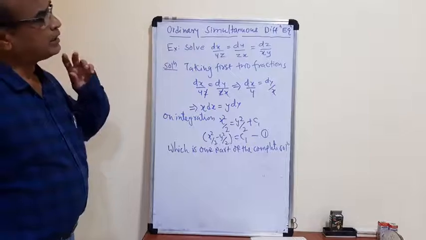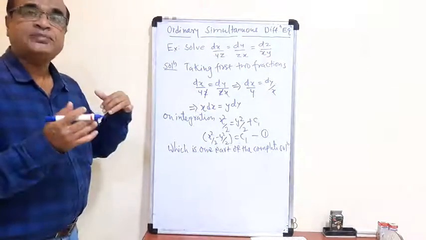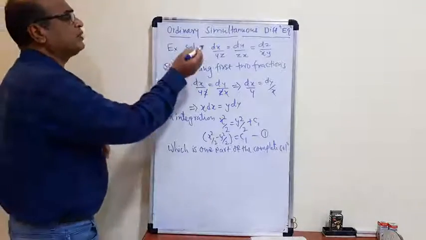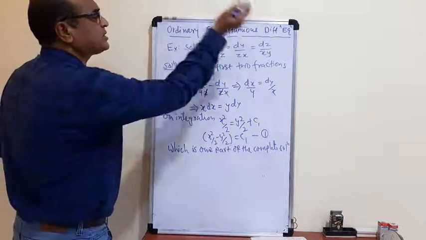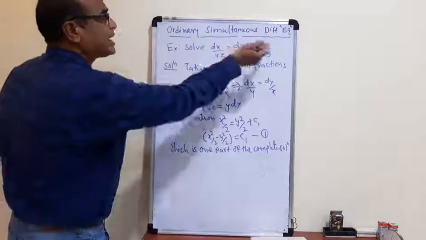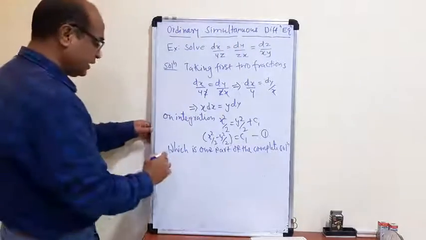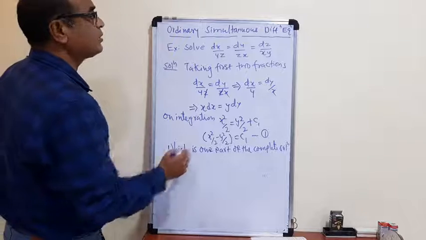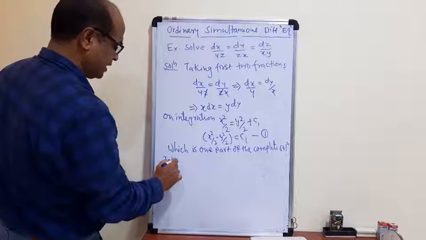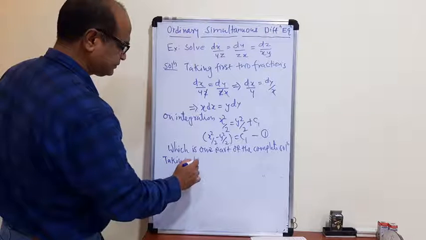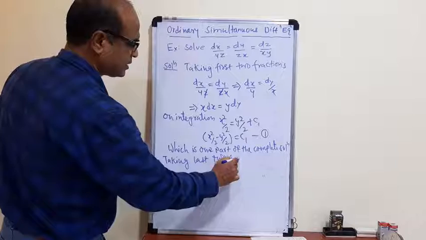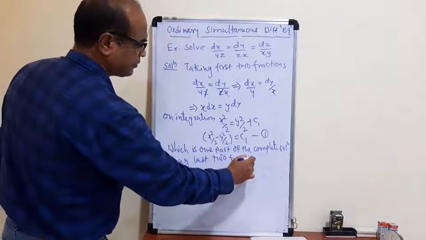So we take another two fractions and absent another variable. So we take the first fraction and third fraction, or you can take the last two fractions. Okay. So taking last two fractions, then what happened?